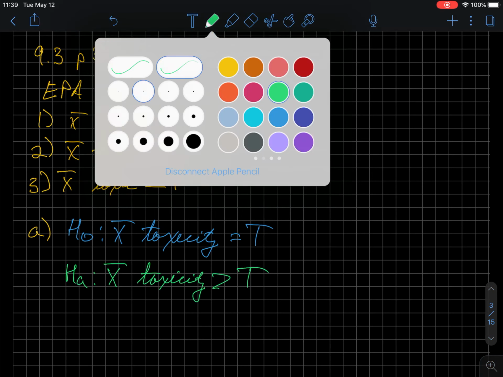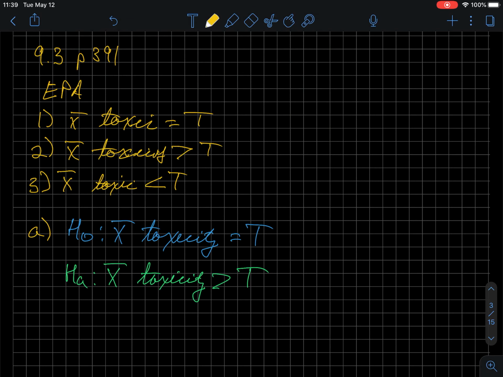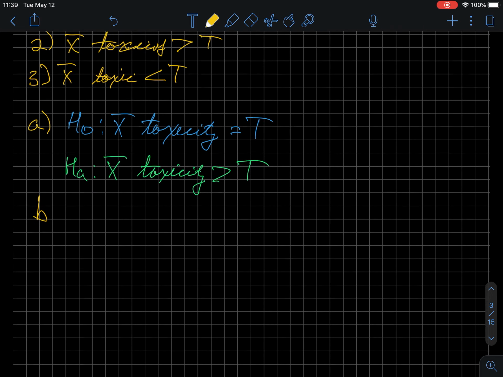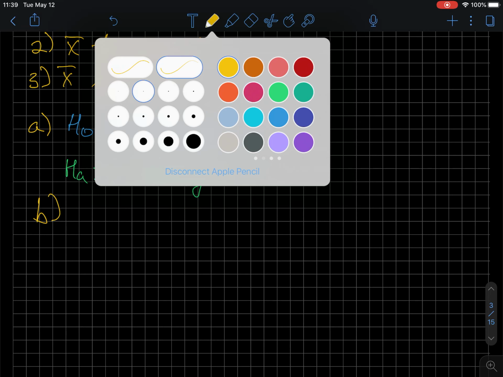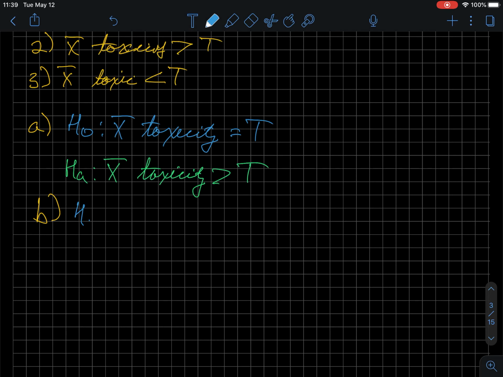So if we look at part B, if I'm a producer of a chemical, I would probably say that the null is that the toxicity exceeds the threshold. So maybe that's what the null would be.